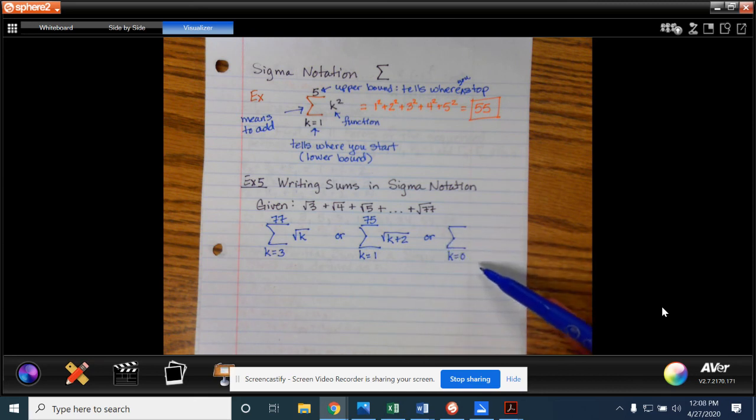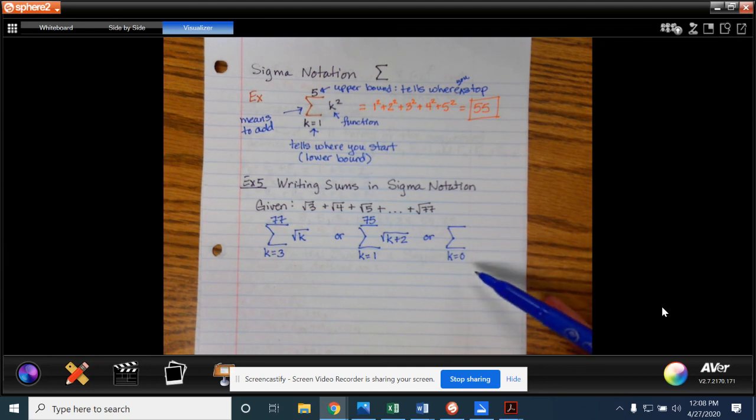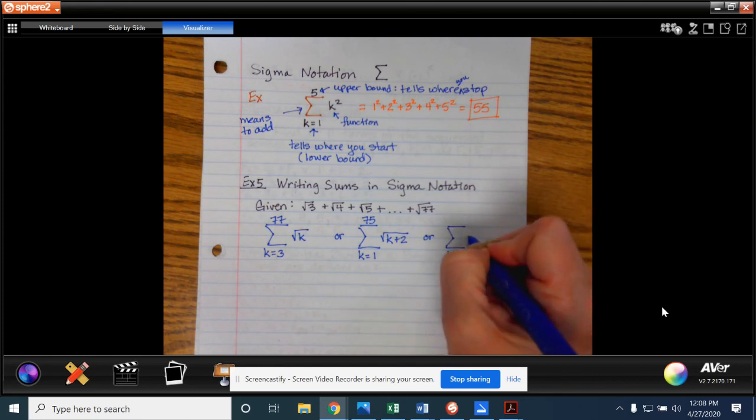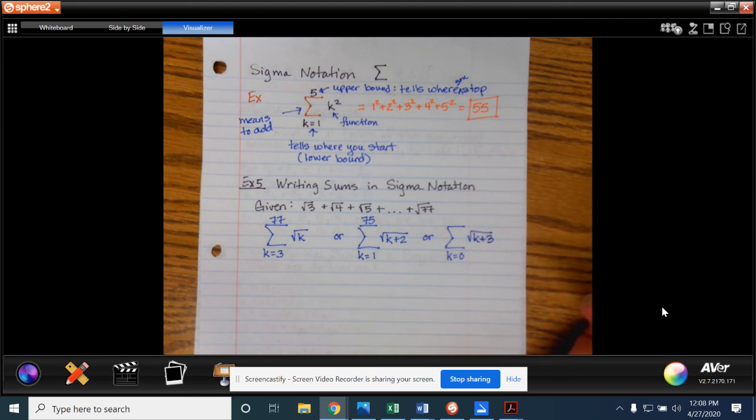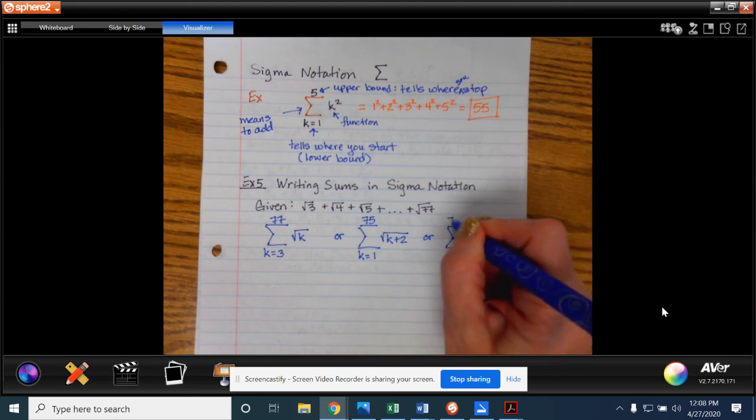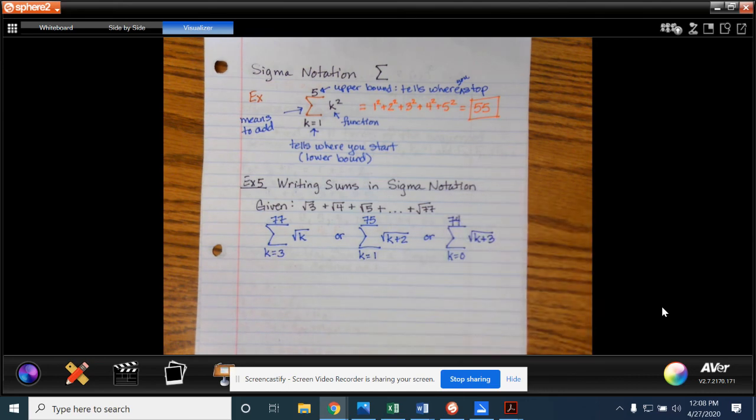At k being 1, which is position 2, I would have 1 plus 3 is 4, and so forth and so on. So our function would be k plus 3, and our top value that we could put in to make it 77 is 74.